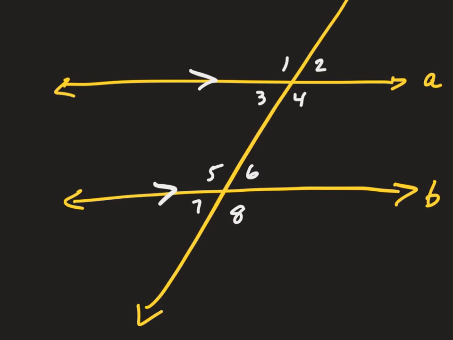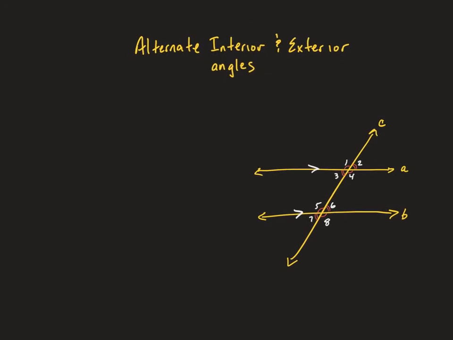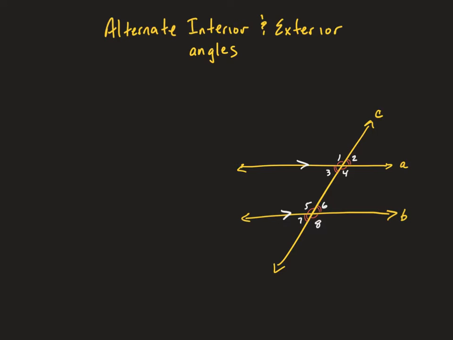That tells us that vertical angles are congruent and corresponding angles are congruent. So I was able to do that, and now let's look at the alternate interior angles. We're going to start with our alternate interior angles.